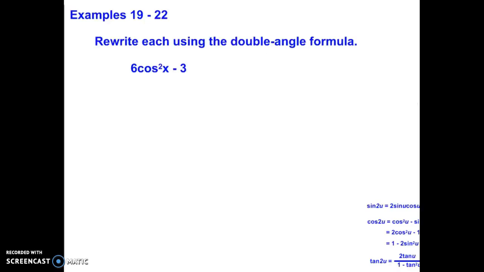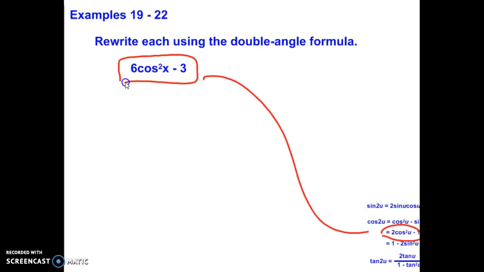Now, I can rewrite using double angles. The reason why this is helpful is in finding derivatives. So, you don't know how to find the derivative of this, do you? Well, let's take a look. This looks most like this formula. So, if I factor out a 3, the GCF, I am left with this. This is a double angle.